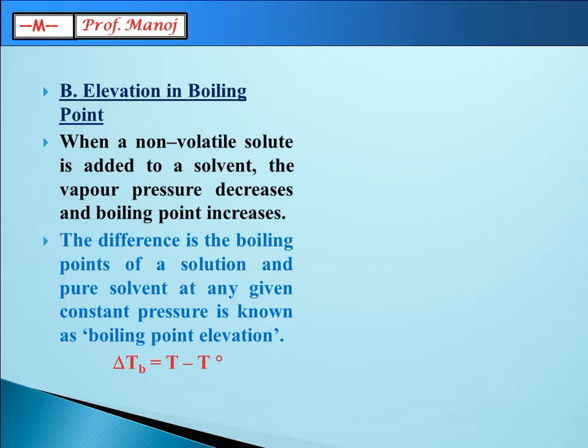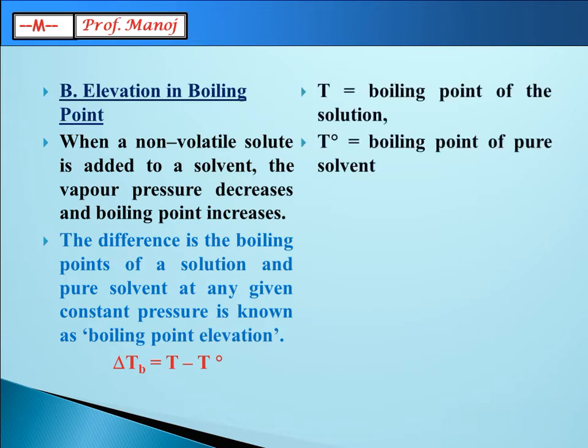Mathematically, it can be given as delta TB is equal to T minus T0. You can imagine perhaps the symbols. T is the boiling point of the solution. T0 is the boiling point of the pure solvent. Now, I have seen a few people get confused in this formula. It's very easy to remember that the higher value will be taken first, subtracted with the second value which is smaller. Since the solution has a higher boiling point, it is T minus T0.